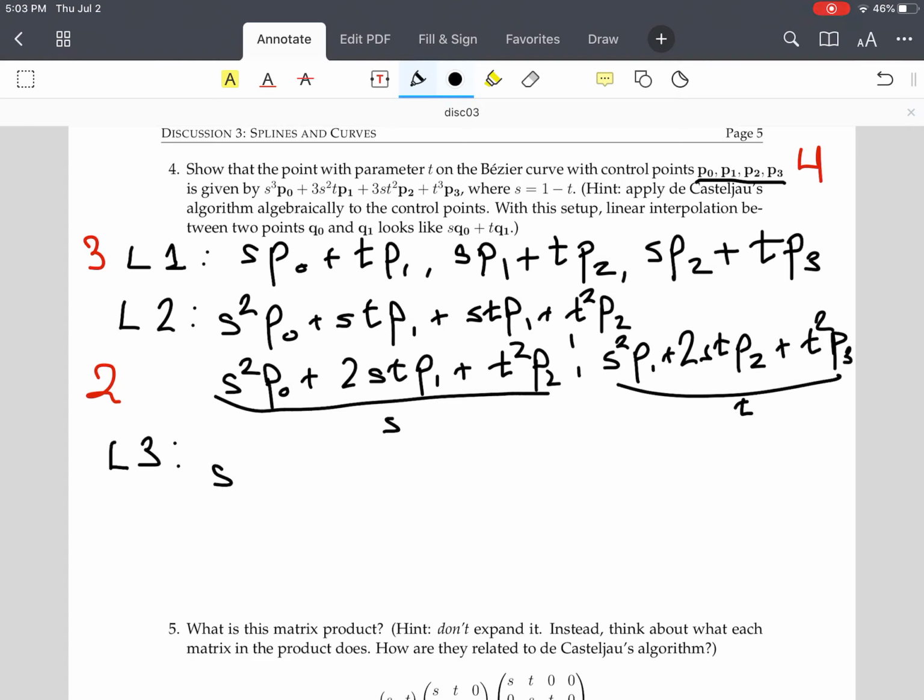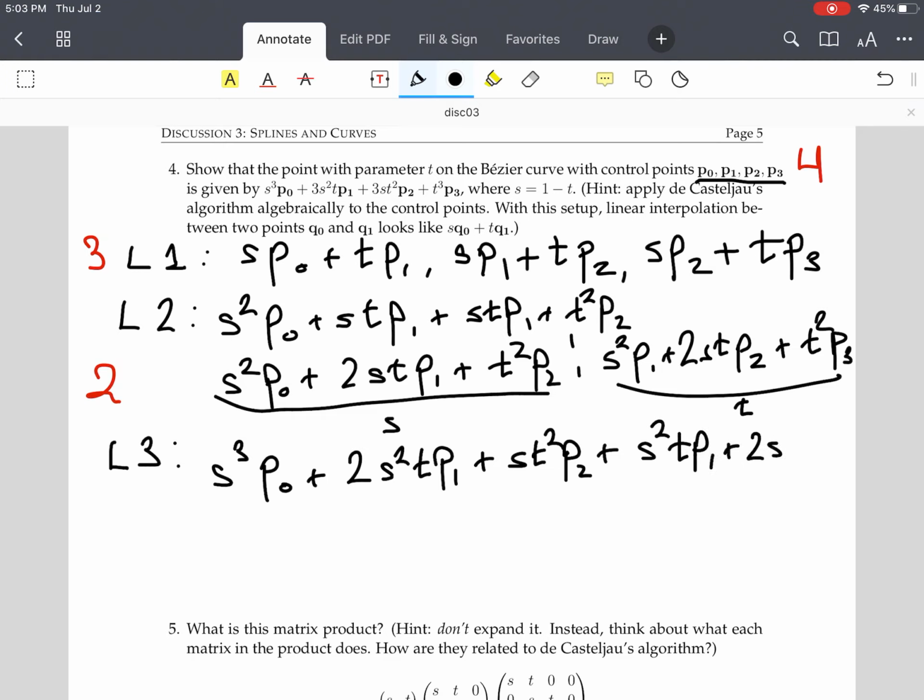So it's going to be s cubed p0 plus 2s squared t p1 plus st squared p2 plus s squared t p1 plus 2st squared p2, whoops, ran out of space a little bit, but plus t cubed p3.